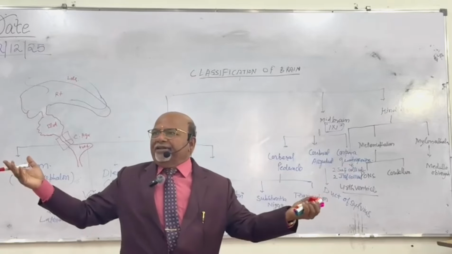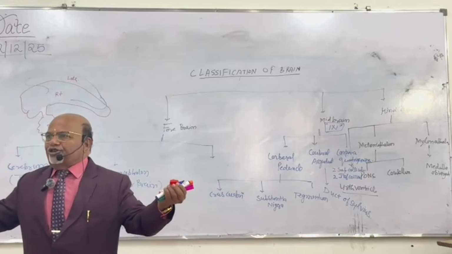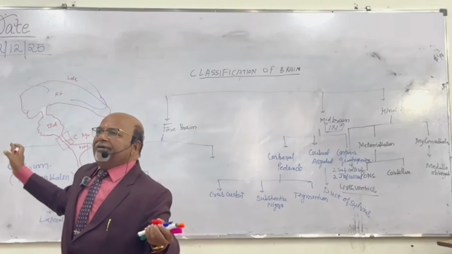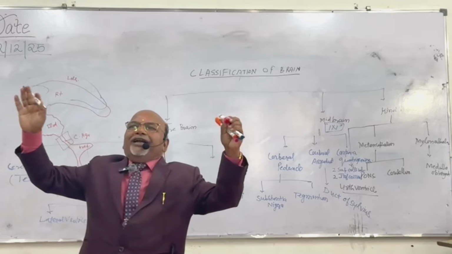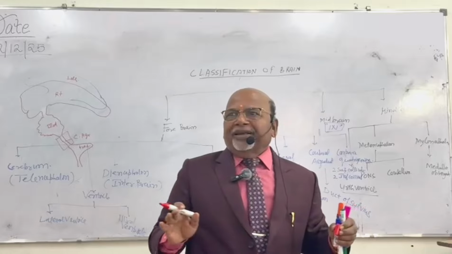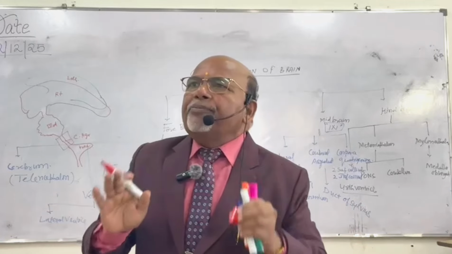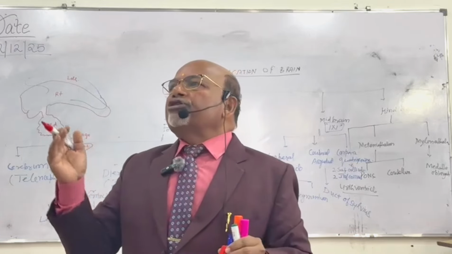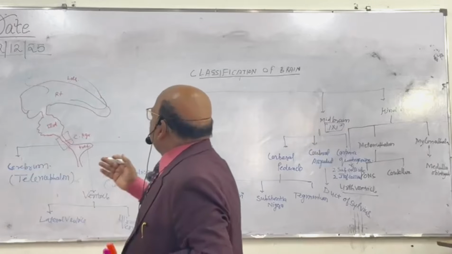This is the classification of the ventricular system of the brain. Inside, CSF is flowing; outside, in the subarachnoid space, CSF is flowing. Have you understood? Just remember it, the ventricular system of the brain. I have just told you about the ventricular system.